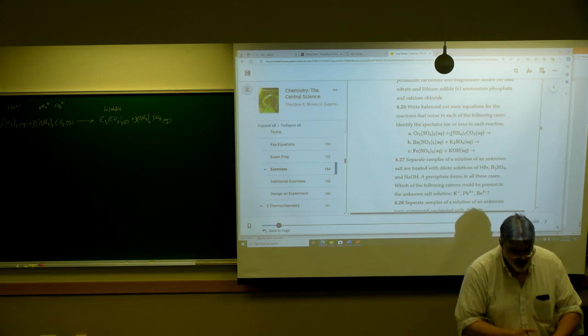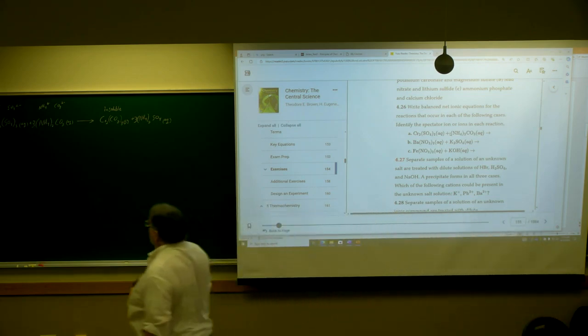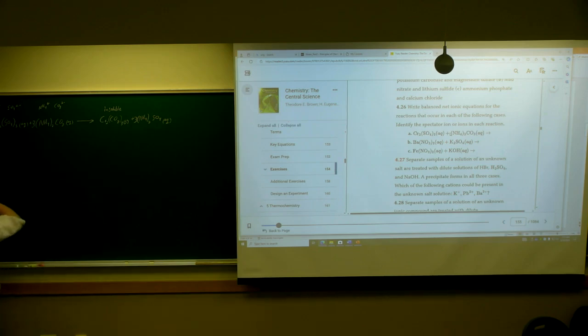The net ionic equation. I always tell you guys to do the complete ionic equation first. There's 2 Cr here. It's 3 plus. And you should put aqueous there. SO4, 3 SO4s, 2 minus.